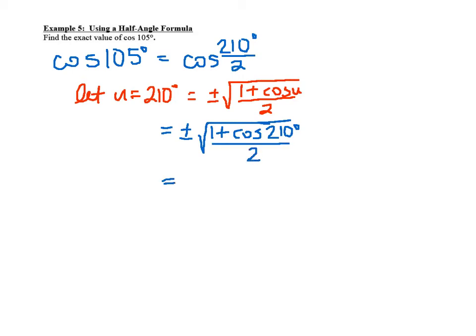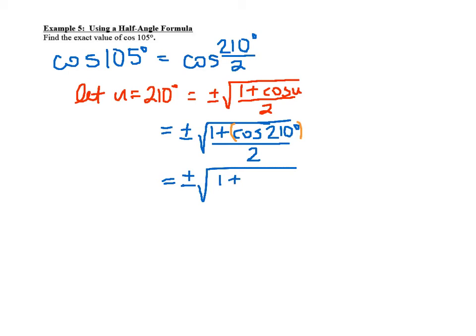So what we need to do now is, for the 210 degrees, plug in the exact value that goes with the cosine of 210. So that is going to end up being plus or minus the square root of 1 plus the cosine of 210.